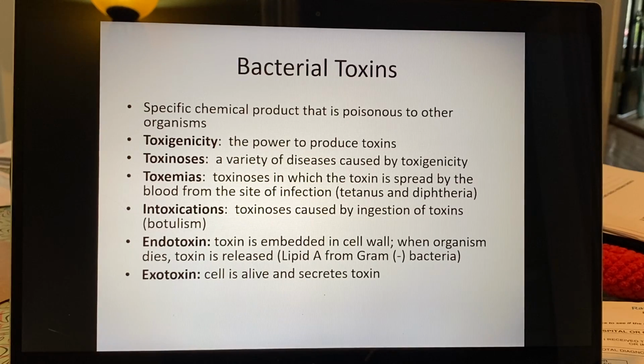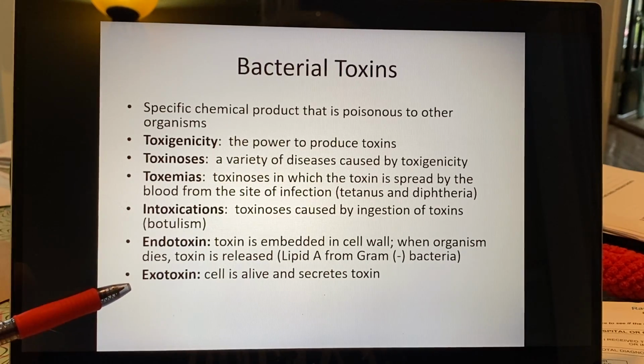If it's something that you ingest, we refer to it as an intoxication. And an example of that would be botulism toxin, which can happen in contaminated food and potentially spread to water supplies. When we talk about how the bacteria produces the toxin, that is these last two terms.